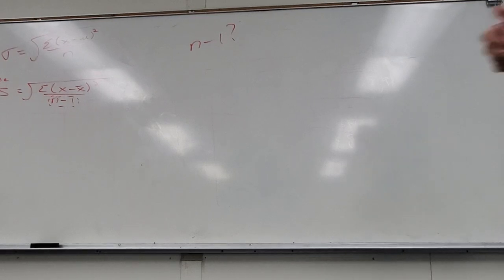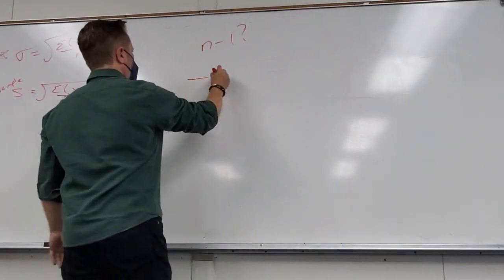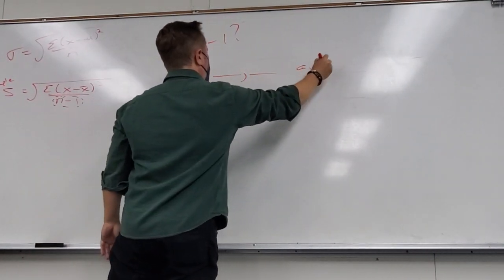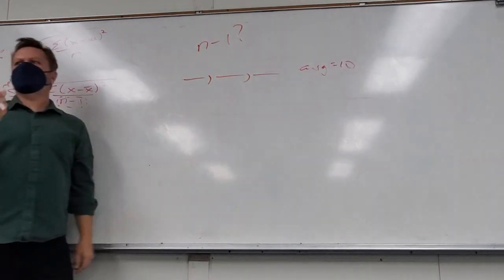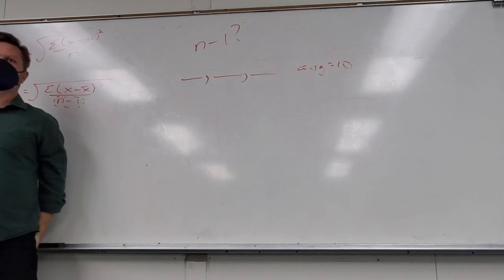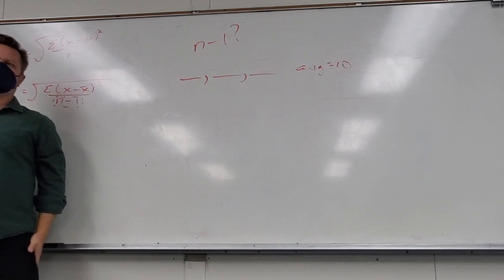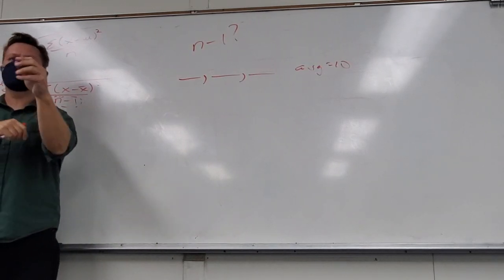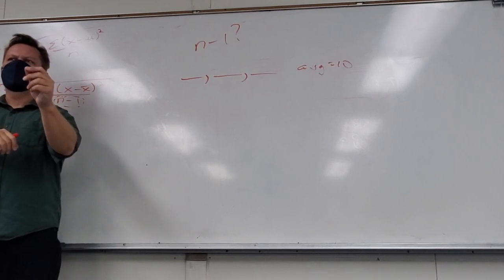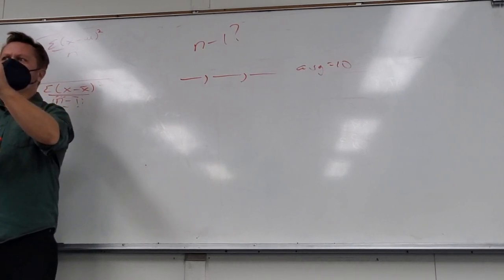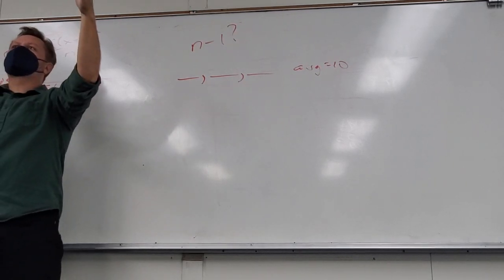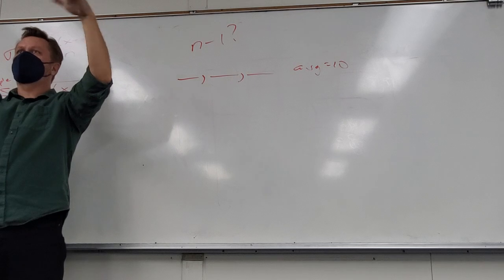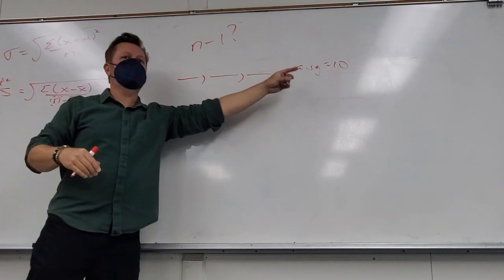I have 3 numbers that average to be 10, but I have no idea what any of them are. Do any of them have to be 10? No. But I do know one thing. What do I know? If they average to be 10, they have to add to be 30. Does that make sense? Because if I'm going to average 3 numbers, I add them up and divide by how many there are. What do I divide by 3 to get 10? 30.